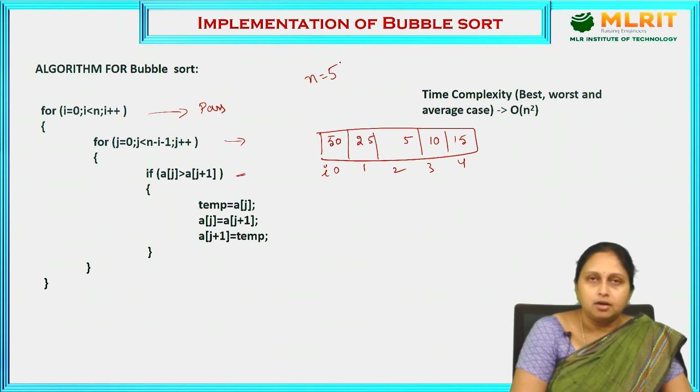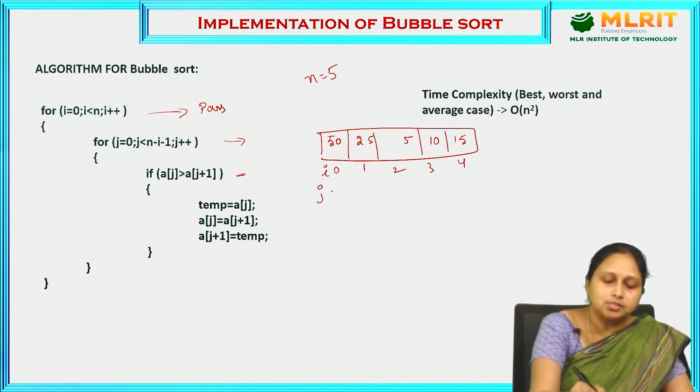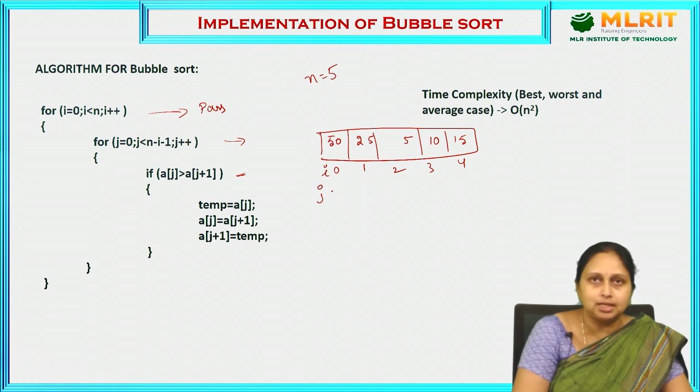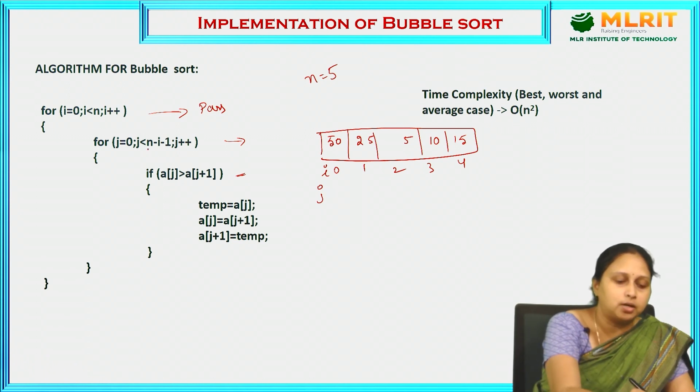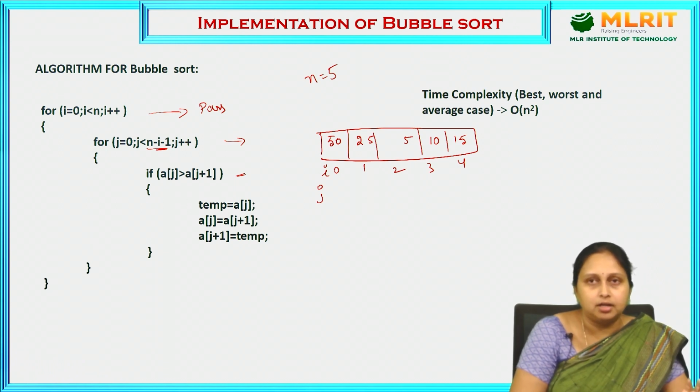Now the condition is true for the first case. Now again it comes to the j value. This is j equal to 0, j less than n minus i minus 1. What is the use of this? We will know at the end. n minus i minus 1: when you place the largest element in the n minus 1 position, for the next comparison we are not going to consider that element.